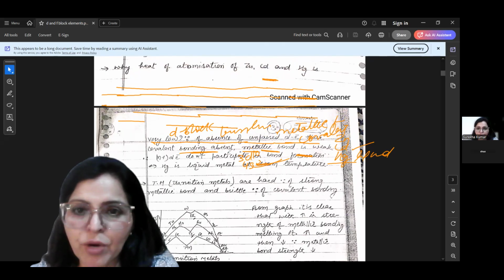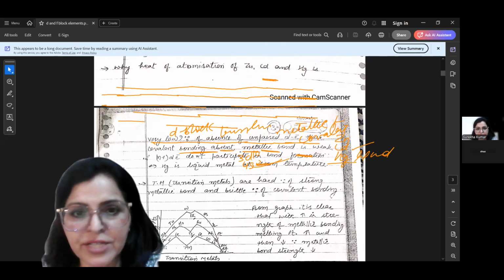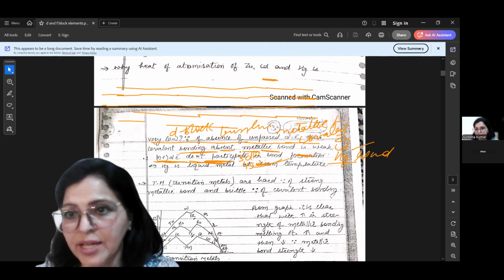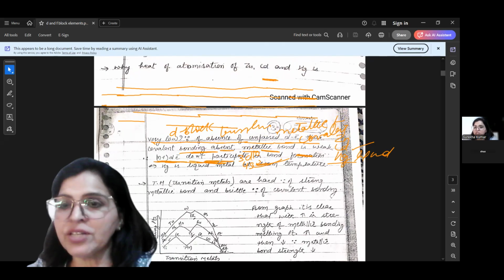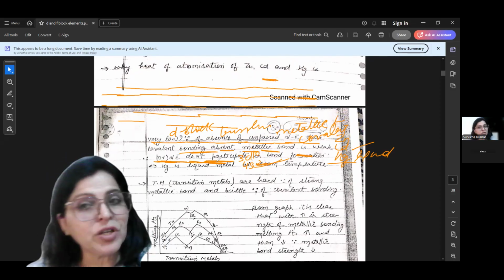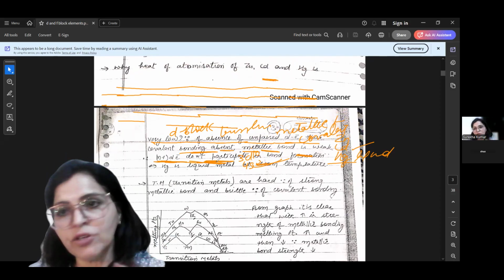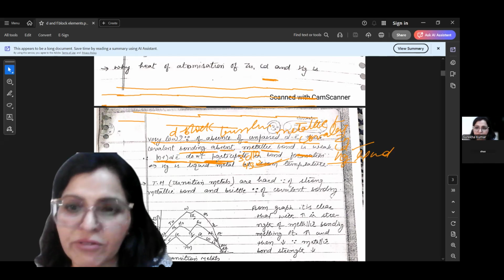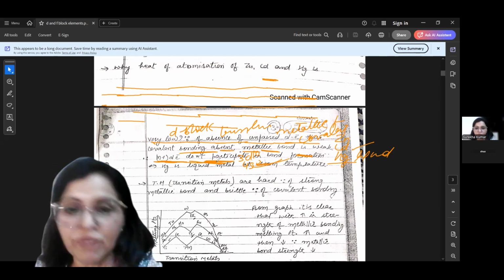Their covalent bonding is absent. Metallic bond is very weak because (n-1)d electrons don't participate because they are paired. If the configuration is 3d10, no unpaired electron is there, they will not participate in bond formation. That's why the metallic bond in zinc, cadmium, and mercury is very weak.